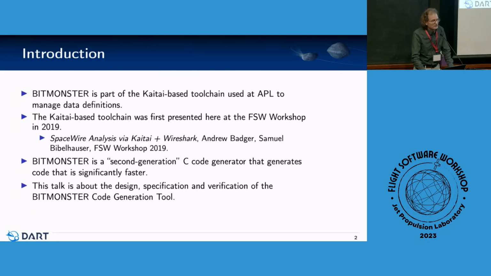So BITMONSTER is a second generation code generator. We started with one that we built in 2019, and maybe in the same context of the talk from Marek yesterday about time and space partitioning, this was the first time we had tried something like this, where we were defining data definitions in text and generating C. We weren't sure about the best way to go about it and which features of the Kaitai data definition language we would need.